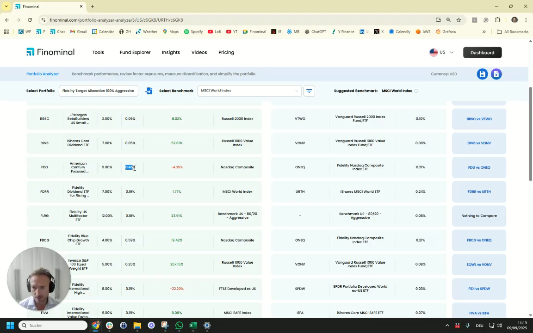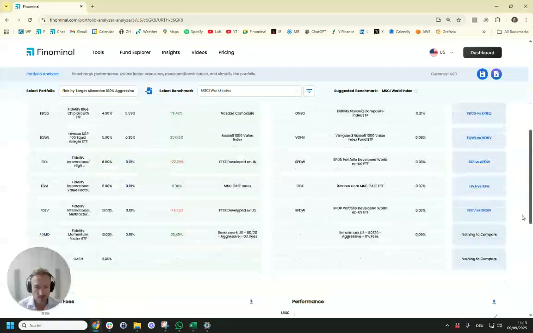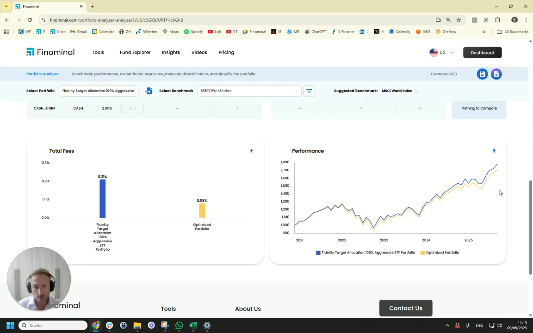It charges 45 basis points. And our suggestion is that we replace that with the Fidelity Nasdaq Composite Index ETF, which is available via ONEQ for 21 basis points. Now, you might question how good or bad our replacement with ETFs that track passive benchmarks is, and we can prove that down here.